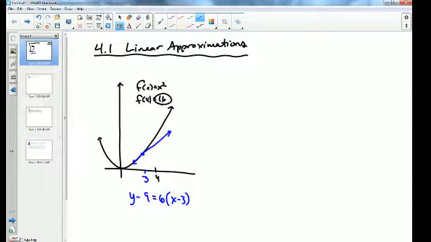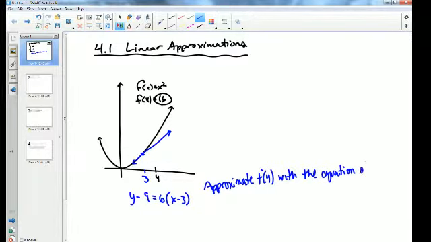What we're going to do now is approximate f at 4 with the equation of the tangent line at x equals 3.